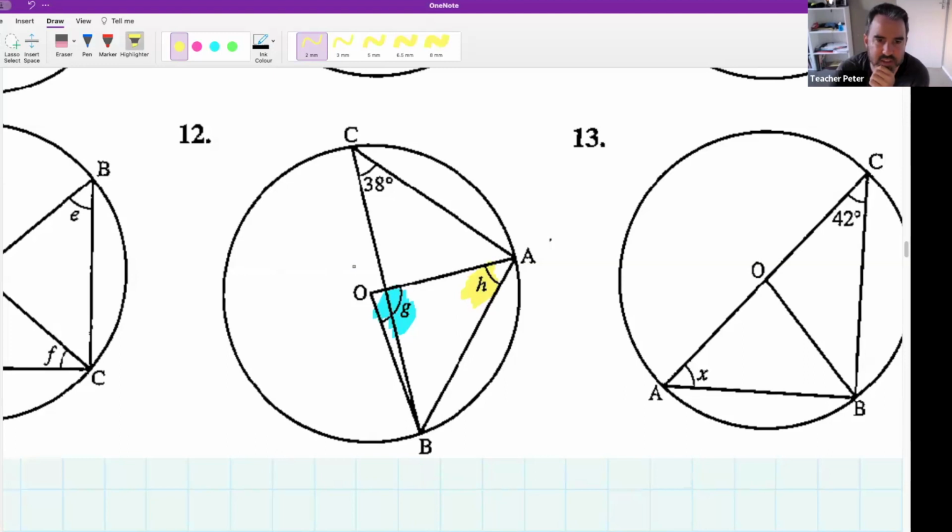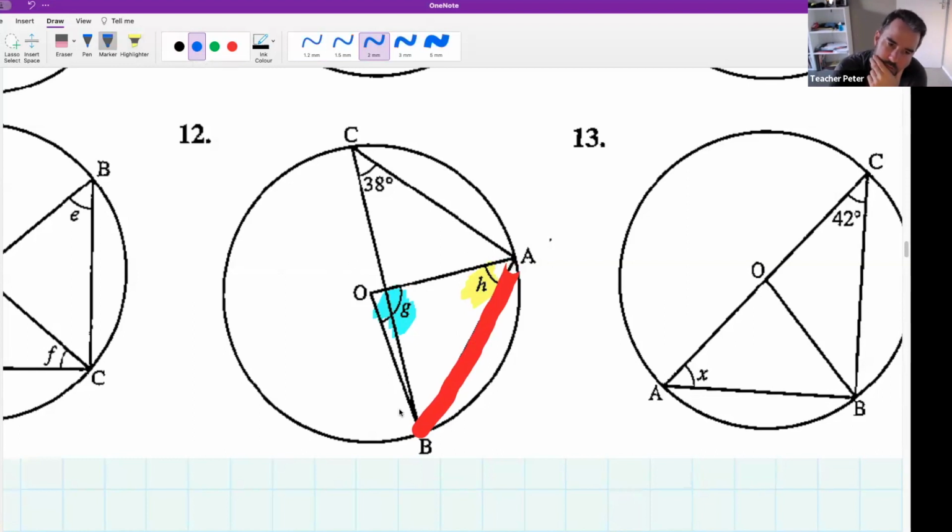So what do we think G is going to be? Let's have a look. I can see this is kind of important. So that is that. And this one is the angle at the circumference.